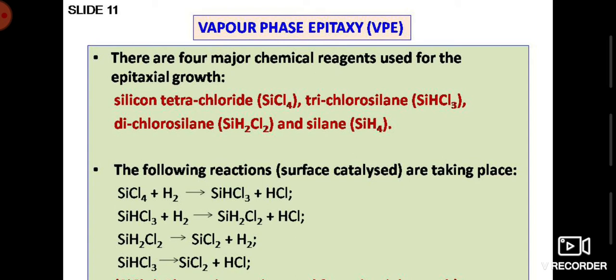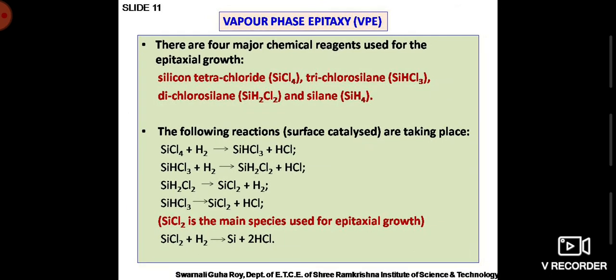Second one is trichlorosilane, SiHCl3. Third one is dichlorosilane, SiH2Cl2, and the fourth one is silane, that is SiH4.